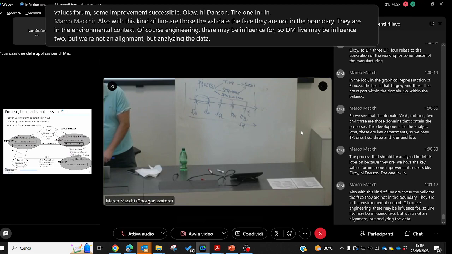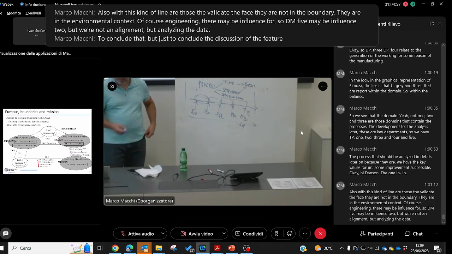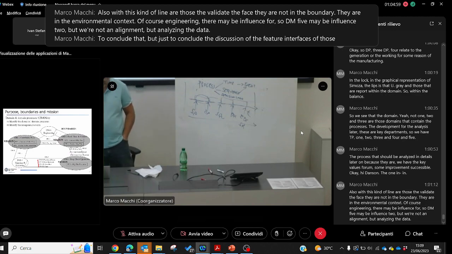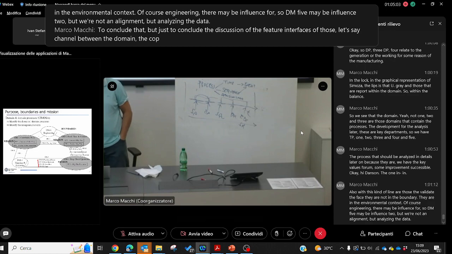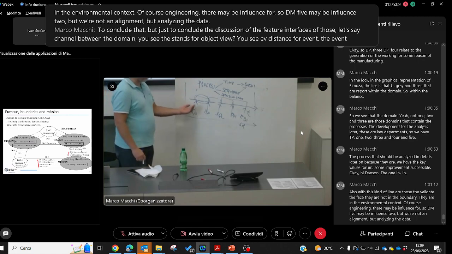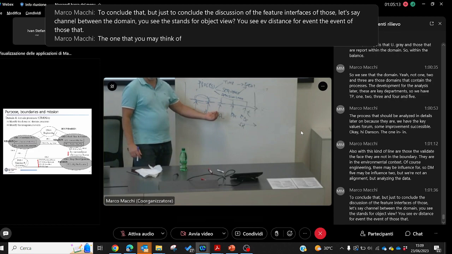To conclude the discussion of the picture, interfaces are those given in this, let's say, channel between the domains. You see OV, which stands for object view. You see EV, which stands for event. The events are the ones you may think of when you talk about processes.